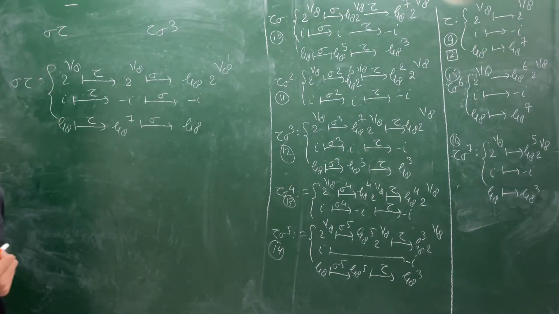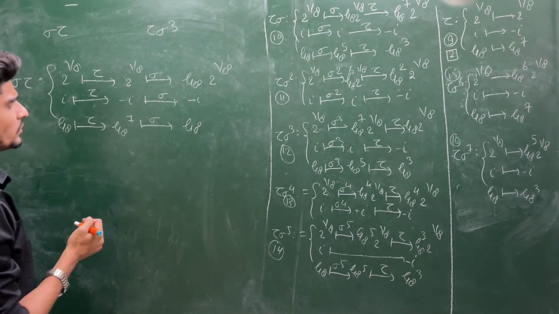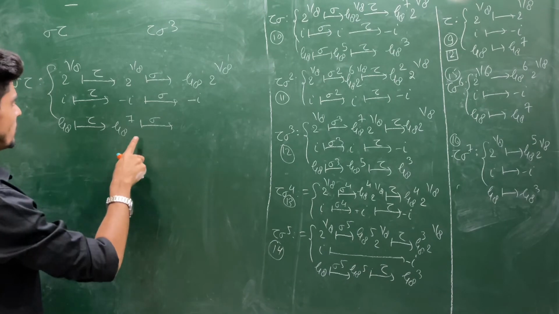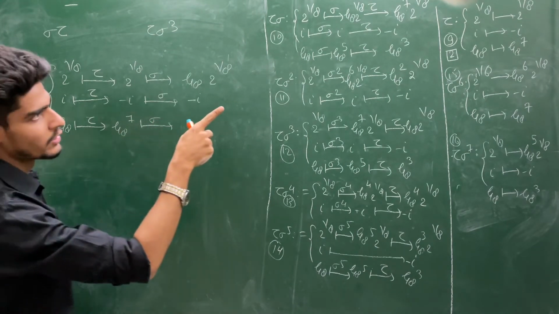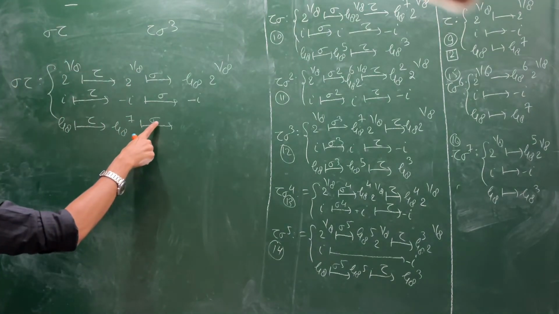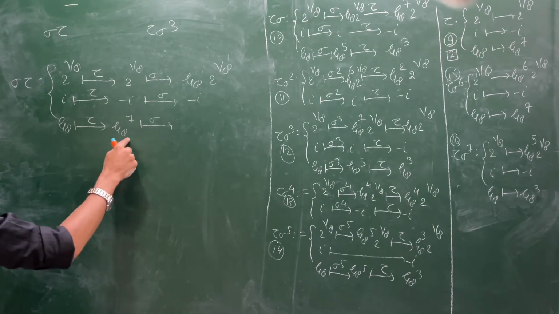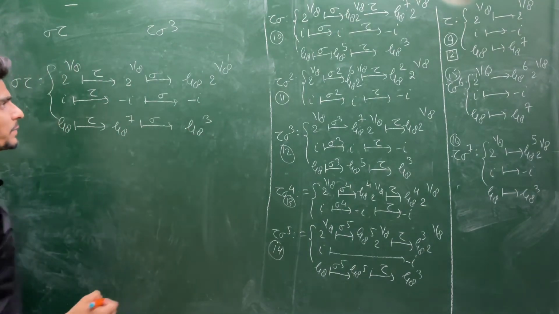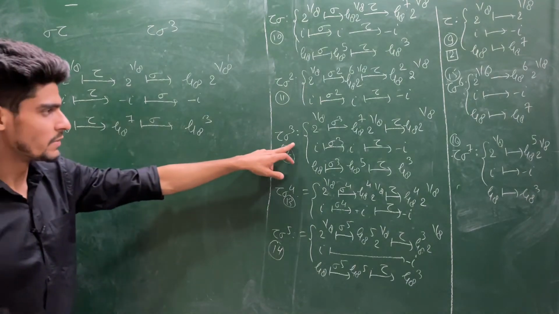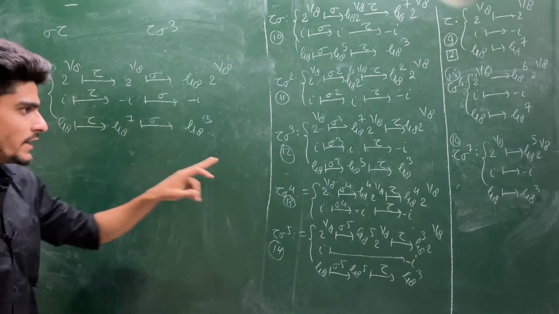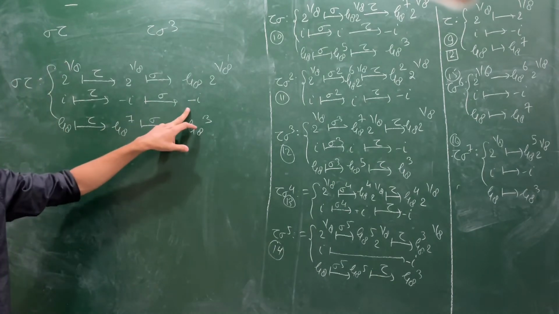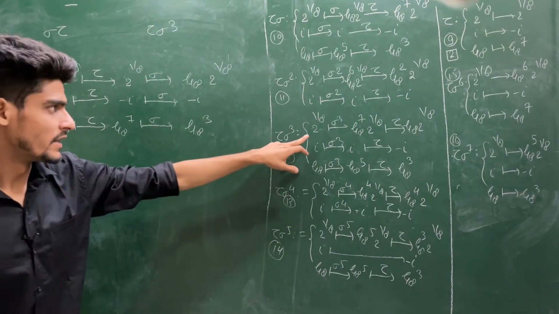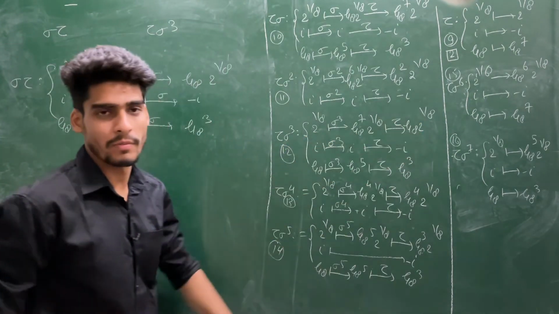That will be zeta 8 only. Sorry, that will not be 40. See, this tau is sending zeta 8 to the power 7. Now you operate sigma. Okay, this will be zeta 8 to the power 35. Then it will be zeta 8 to the power 3. Now you see, what is your tau sigma cube? It is sending zeta 8 to zeta 8 cube, iota to minus iota, and it is sending 2 power 1 by 8 to zeta 8 times 2 power 1 by 8.